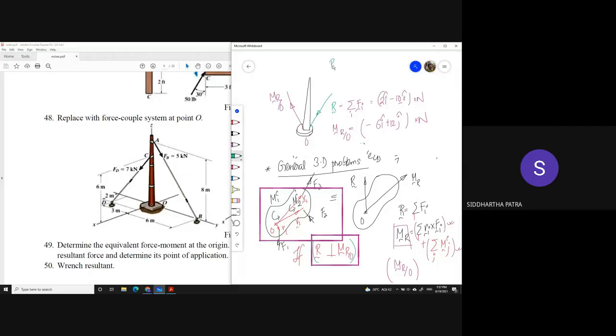So check whether this dot product goes to 0. If it does, then they are normal to one another, and then they can be reduced into a simpler equivalent, or the simplest equivalent system. Is the dot product coming to be 0?